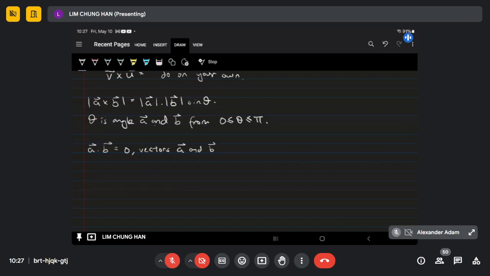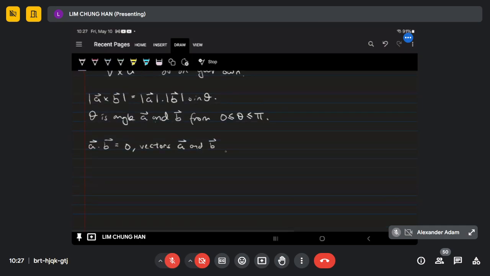Parallel or orthogonal? They are orthogonal to each other. I made a mistake last week. When I started off, I said parallel, which is wrong. It's supposed to be orthogonal.